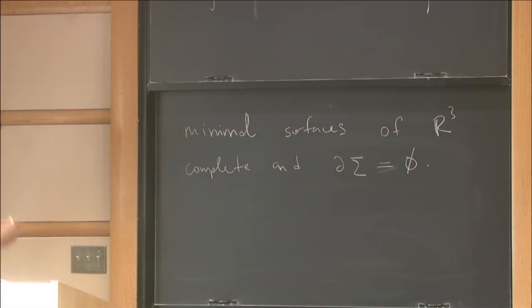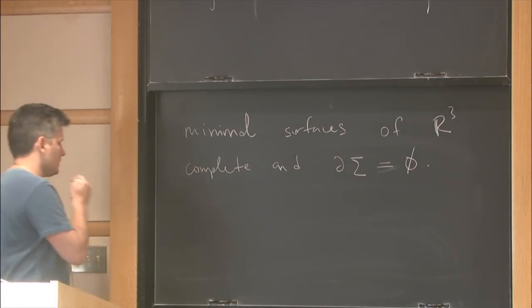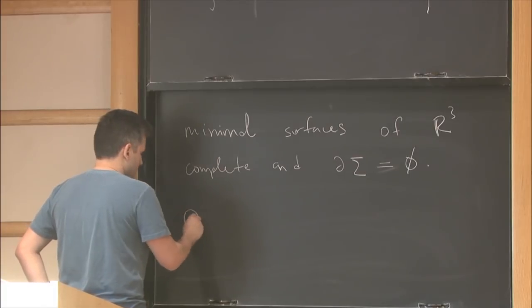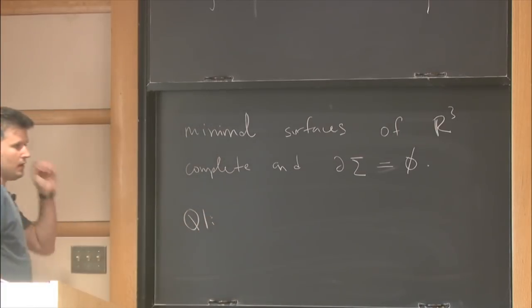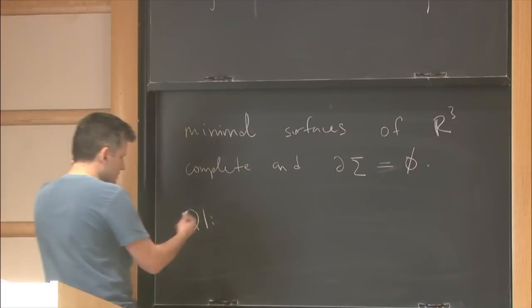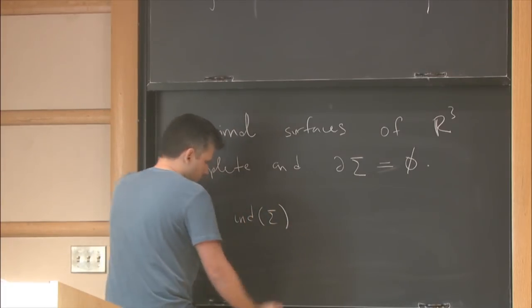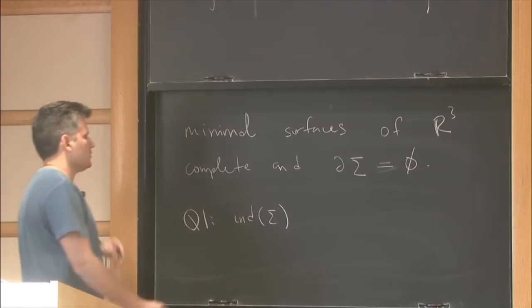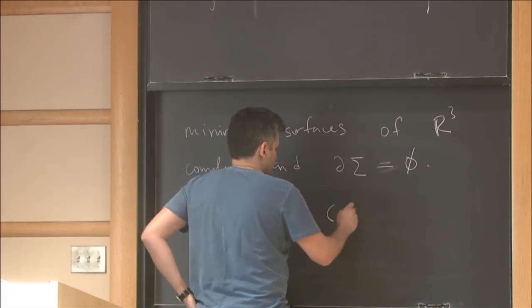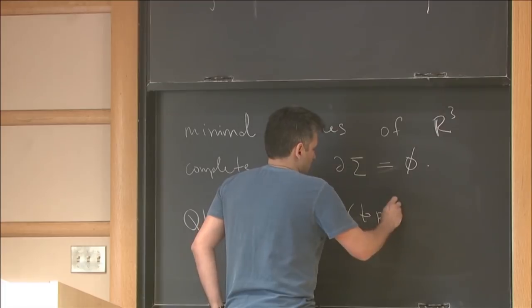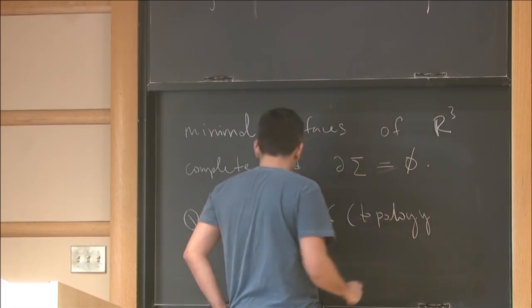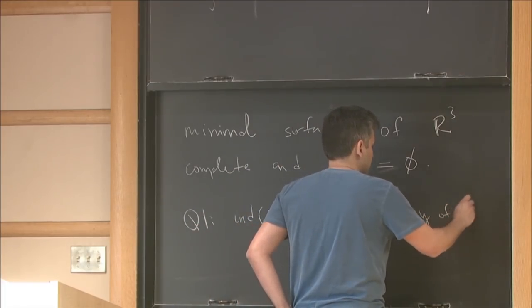The kind of question I want to ask is whether one can prove that the Morse index, the variational properties of sigma, can control its topology. So some constant times the topology of sigma.